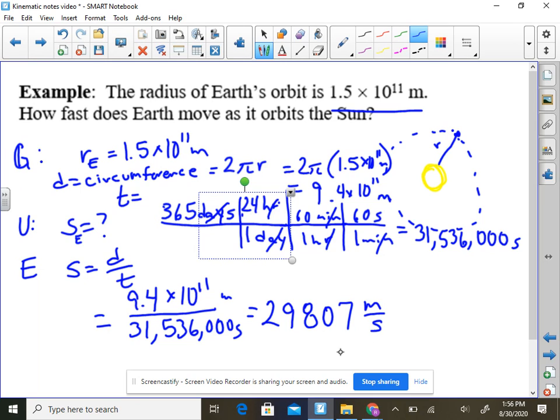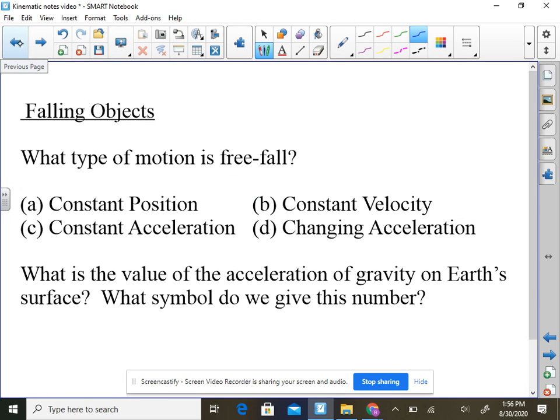And if we round to significant figures, we get 3.0 times 10 to the 4th meters per second. So the Earth is moving pretty quickly around the sun. Okay, and we'll stop there.